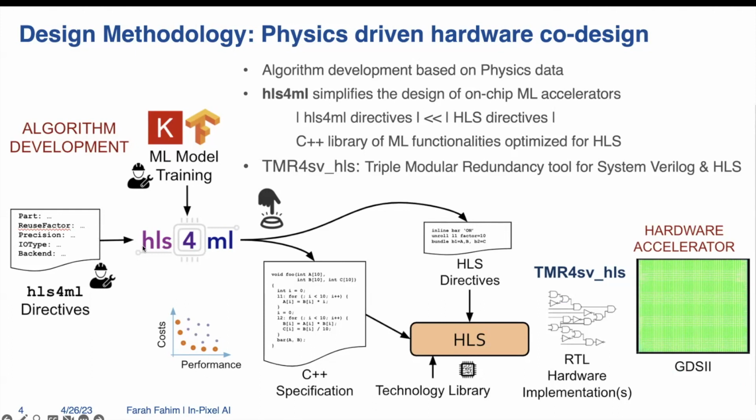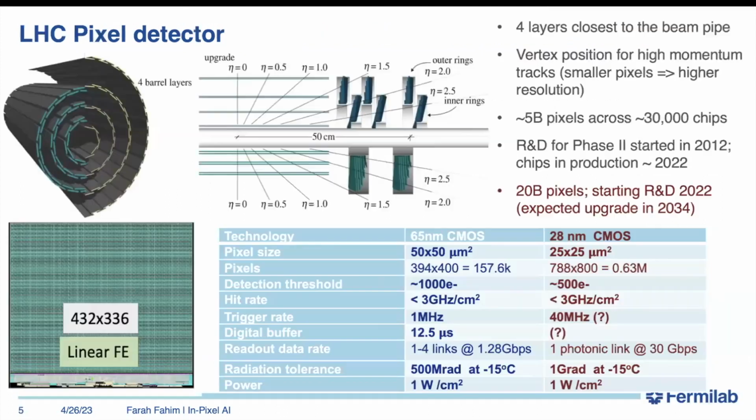HLS4ML basically allows us to very quickly look at several different versions of the same algorithm, assess the accuracy and the performance of the solution while being aware of the hardware constraints. So this technique is something that we have tried and tested for various different chips, and this is what we have been using to do most of the work that I'm going to talk about today.